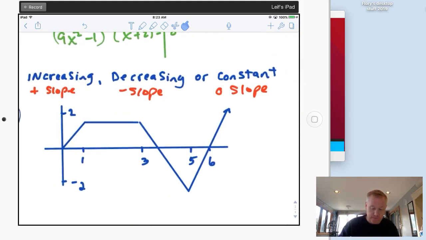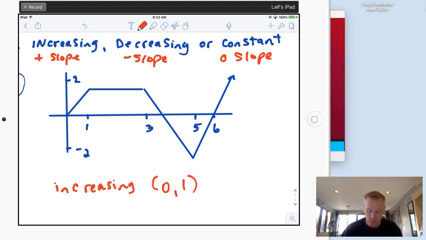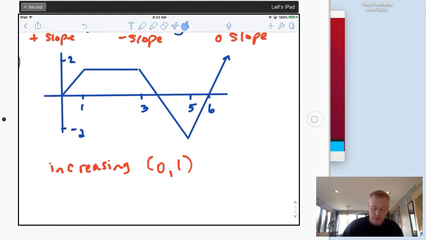All right, so over here, and we talk about intervals, like it's going between, this one starts out between 0 and 1. So it's increasing between 0 and 1, right?